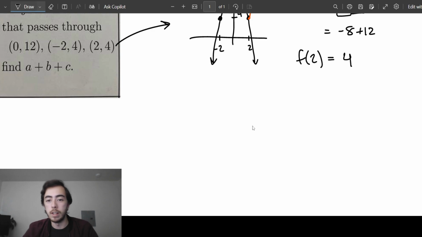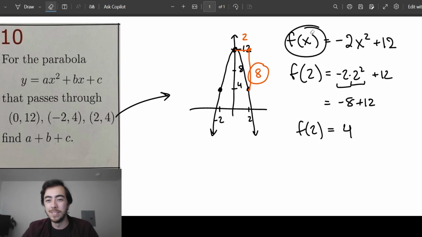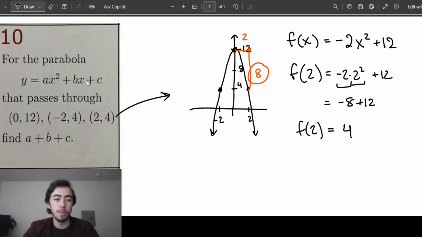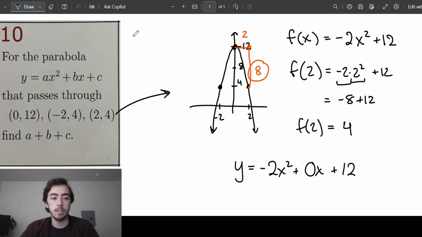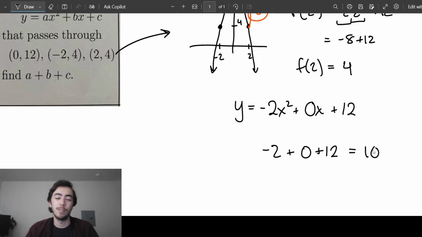And I decided to write it in function notation, but this could have been a y the whole time. And just because we do have this kind of middle term with a b, I am going to write it as y equals negative 2x squared plus 0x plus 12, just to show my b value. It's 0 for this one because the term doesn't exist. And then once I add a, b, and c, we do get 10 for today.